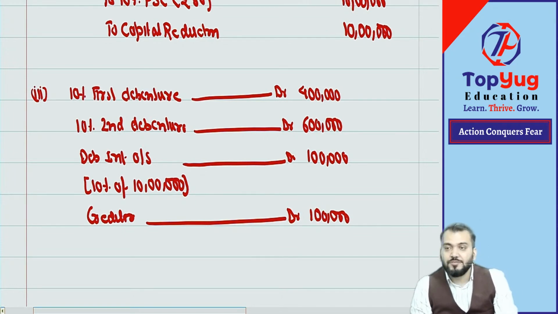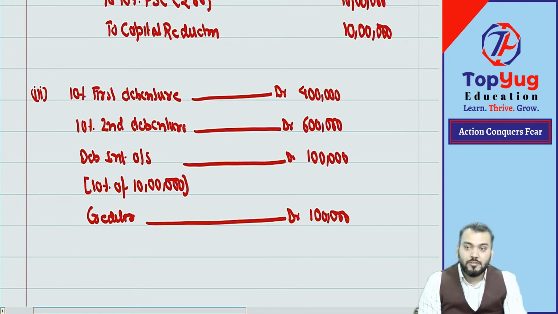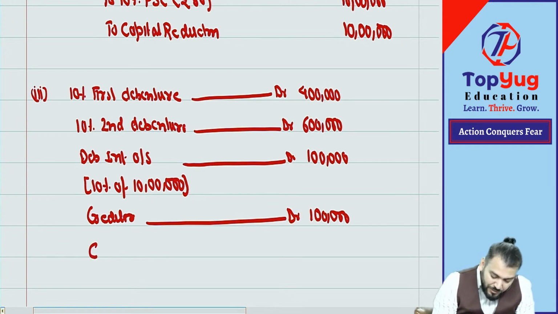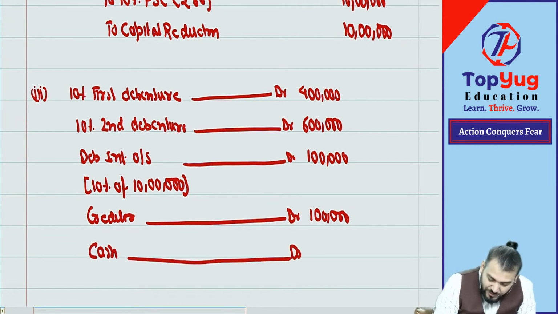Total becomes how much? 12 lakh. And can I say he has also paid cash amounting to rupees? So the company will receive cash from Mr. A. So we can add cash also, cash or bank, whatever. How much cash received from Mr. A? 1 lakh. One compound journal entry I am passing.